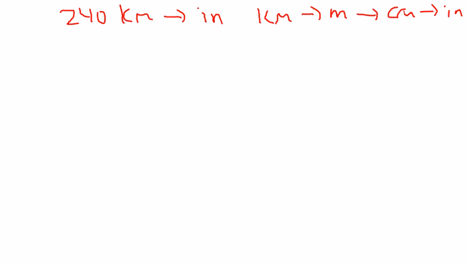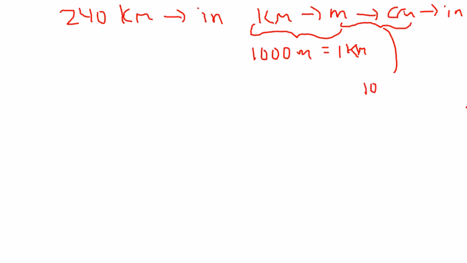First, I'm going to need to know how many meters are there in a kilometer. Of course, the kilometer is a bigger unit than the meter. Well, it happens to be there's 1,000 meters in 1 kilometer, kilo standing for 1,000. Then I'm going to need to know how many centimeters are in a meter.